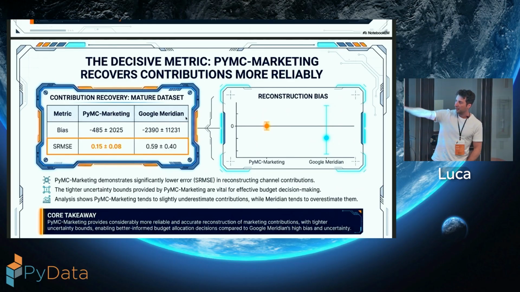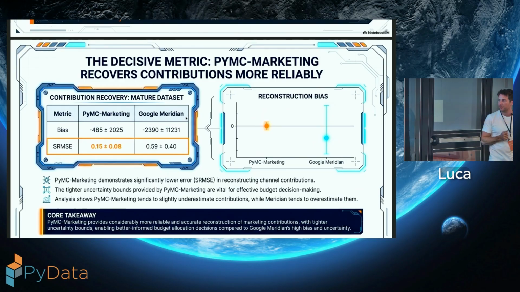As you can see, it is twice as accurate as Meridian. Also, because you have Bayesian models, you can get confidence intervals on these error metrics, and you can see that not only are the averages of these metrics better, but also the confidence intervals are better.